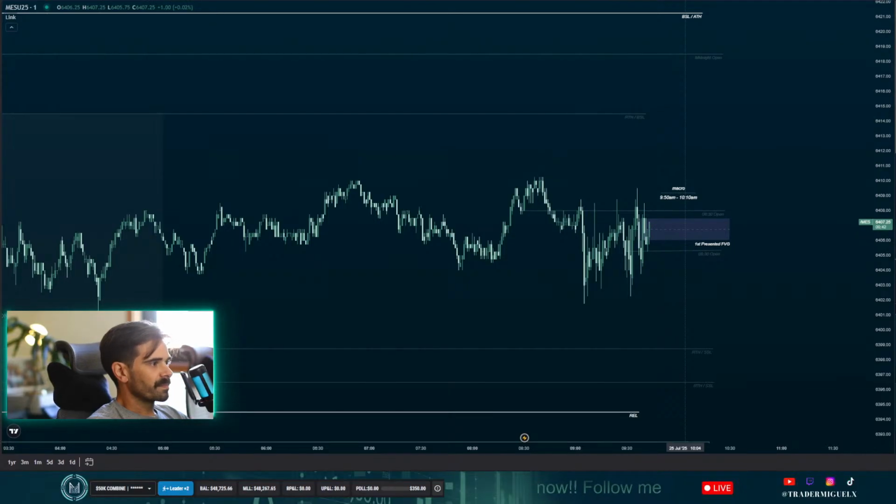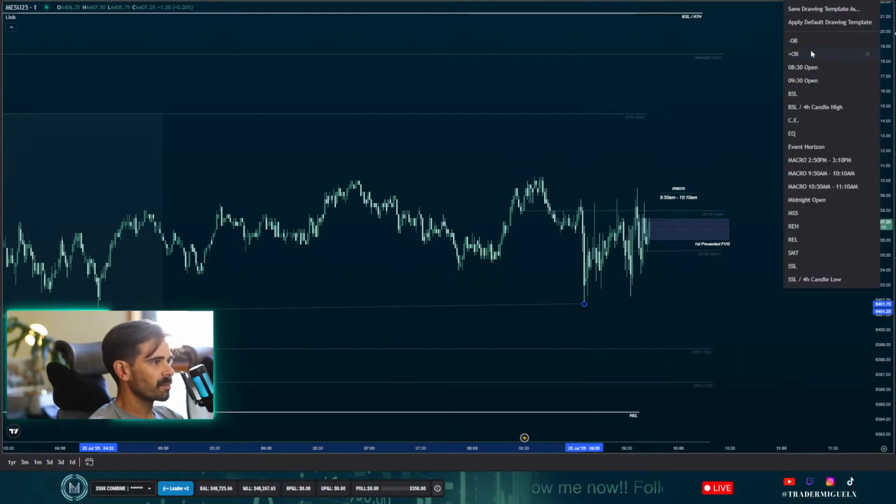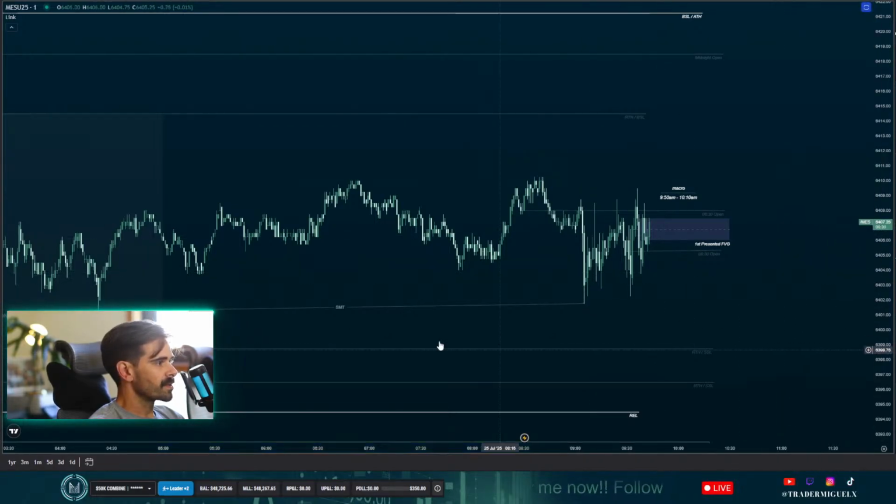so we might have some type of an SMT in between ES and NQ. This is the SMT that I'm talking about. So London lows were taken on NQ. But at the same time, I'm not seeing any type of strength right now from ES, unless it gives me something more clear to the upside.